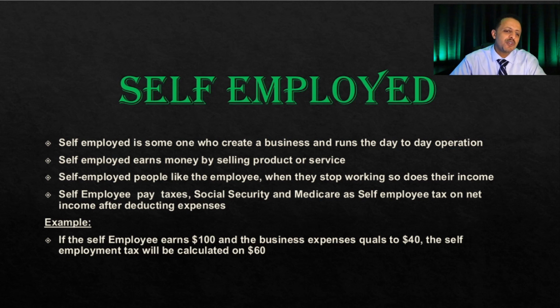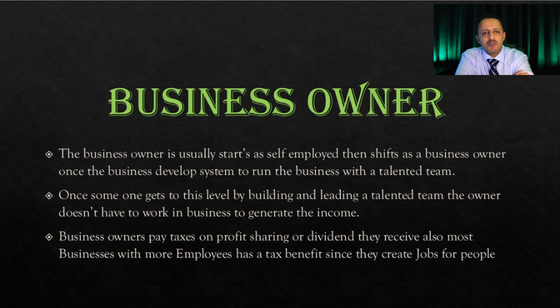Then let's move to the third one. The third one is a business owner. A business owner is a person who started the business but grew it to the point that he created a system and also hired a talented team or employees to run that business day to day.